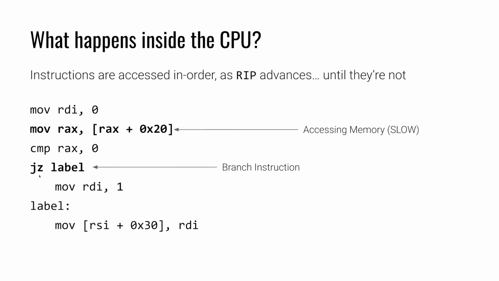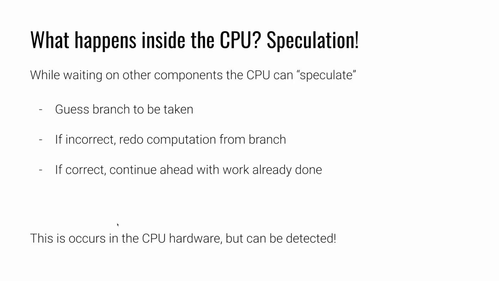If we assume that, do we jump to the label? Yes, because we assumed RAX is 0. And so then we are right here, about to write the value of RDI, which is 0 based upon our assumptions, to this memory address. And this is speculation, where we guess a branch that is going to be taken.